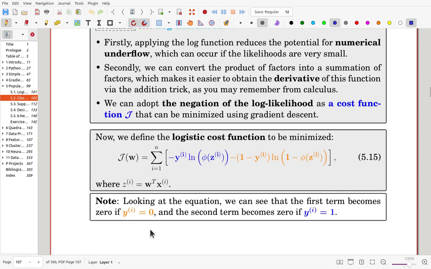Here, when y_i is 0, x_i belongs to class 0, then this term will be 0 and only this term remains. And for the other case, when y_i equals 1, then this will be 0, so that we have only this term.